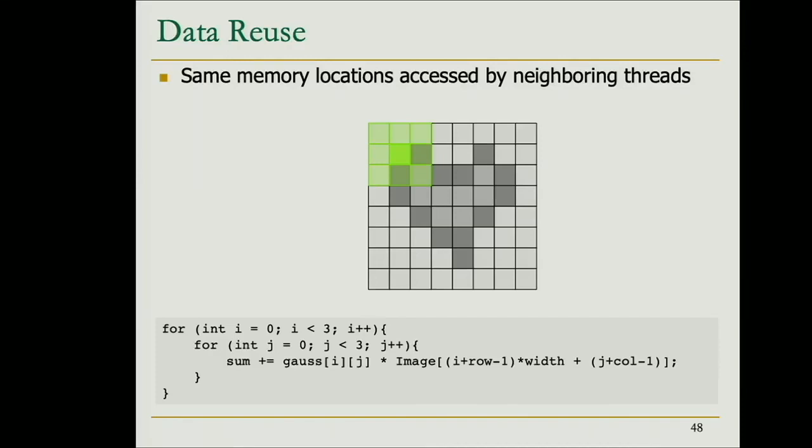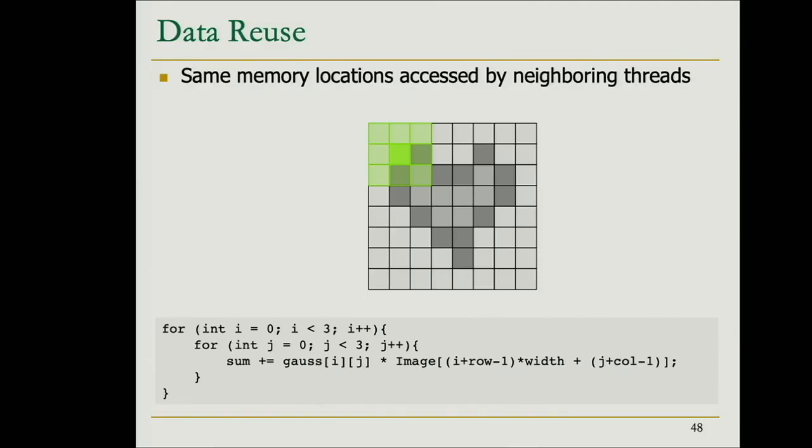We typically have a filter, and the filter is something like this Gauss thing. It's a small two-dimensional data structure with certain values, and we need to calculate the convolution for the image pixels that are covered by this green window that represents the filter.